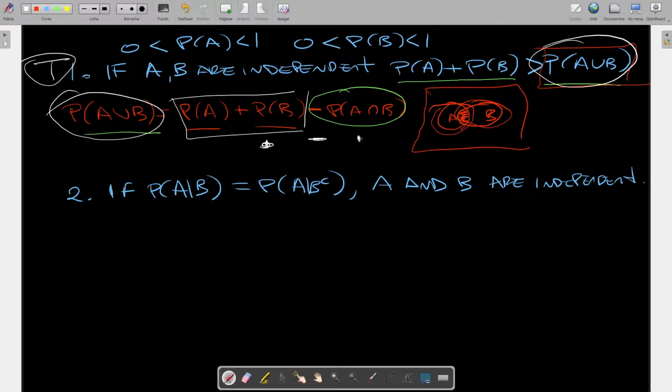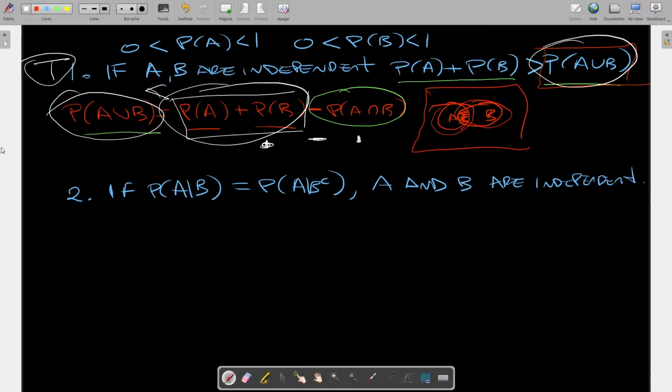So when they are saying that the probability of A plus B is greater than this one, it's because they are not subtracting the other one, otherwise they would be equal. So this one is greater than this one. This is true.